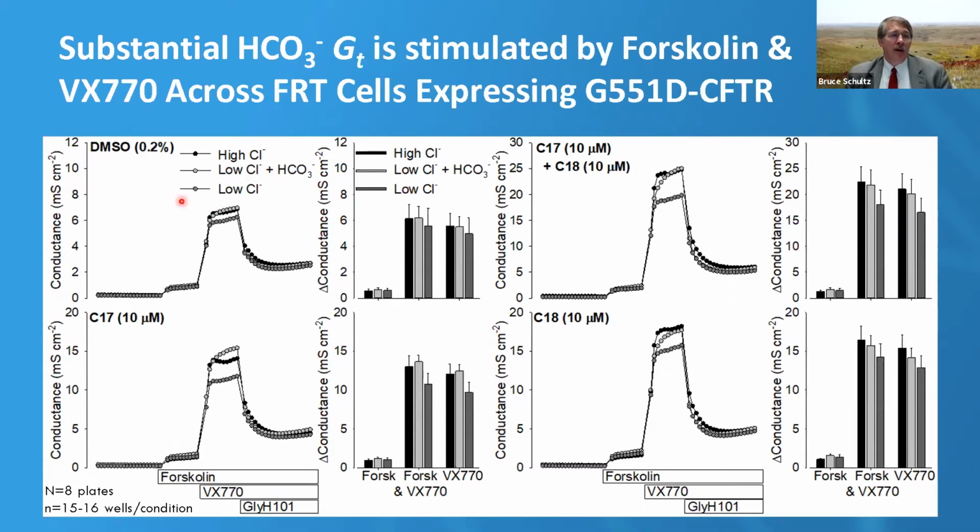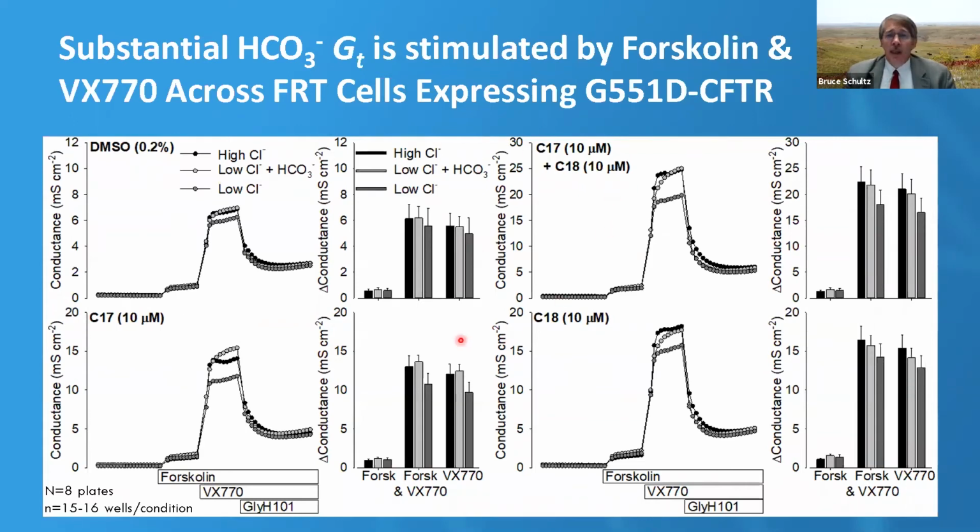The same pattern of figures is shown in the slide with vehicle, C17, C18, and the combination. Again, we have three different ordinate scales, 12, 20, and 30 millisiemens per square centimeter.